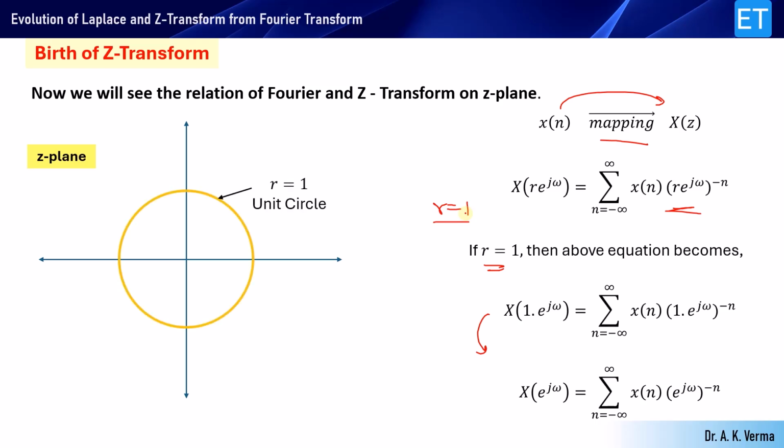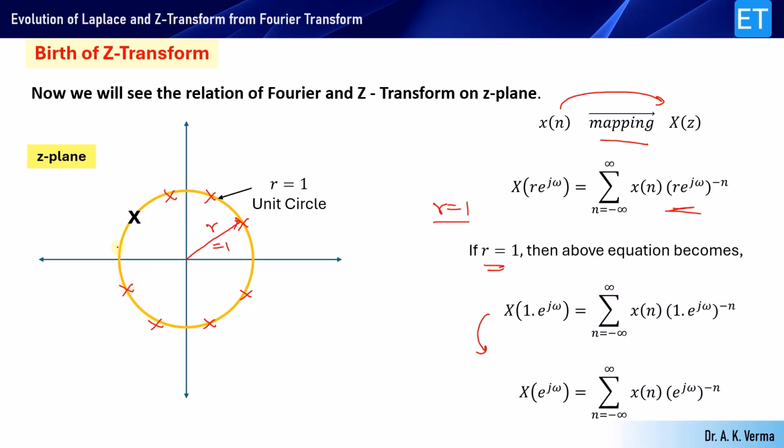So what are those points? Those are the points lying on the circle perimeter, because this is a distance, radius r equal to 1. That's why it is known as the unit circle. As I said, it is a polar plane, so the points will be represented like this, all having the same distance from the origin, equal to 1.